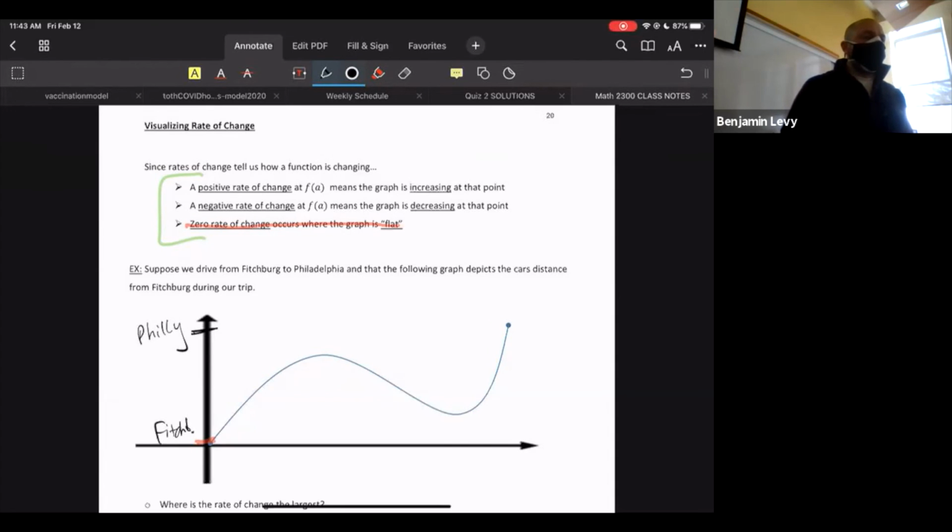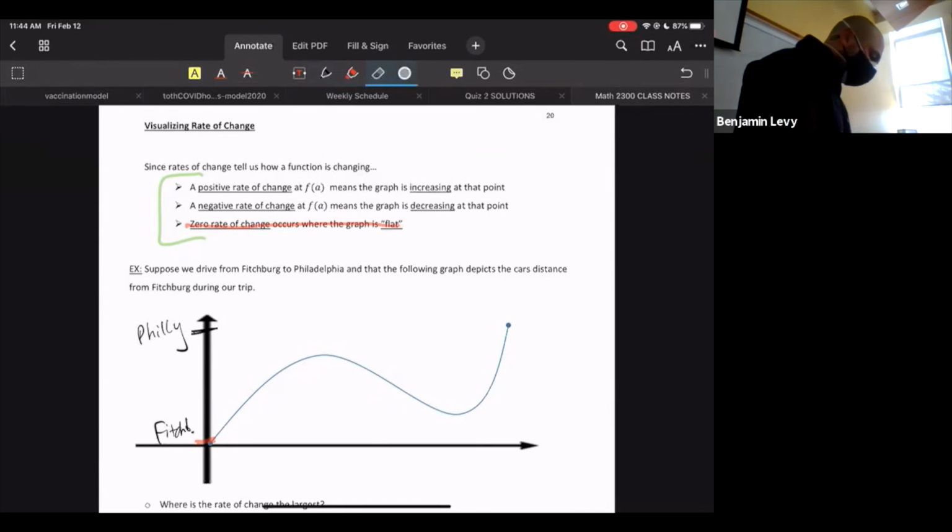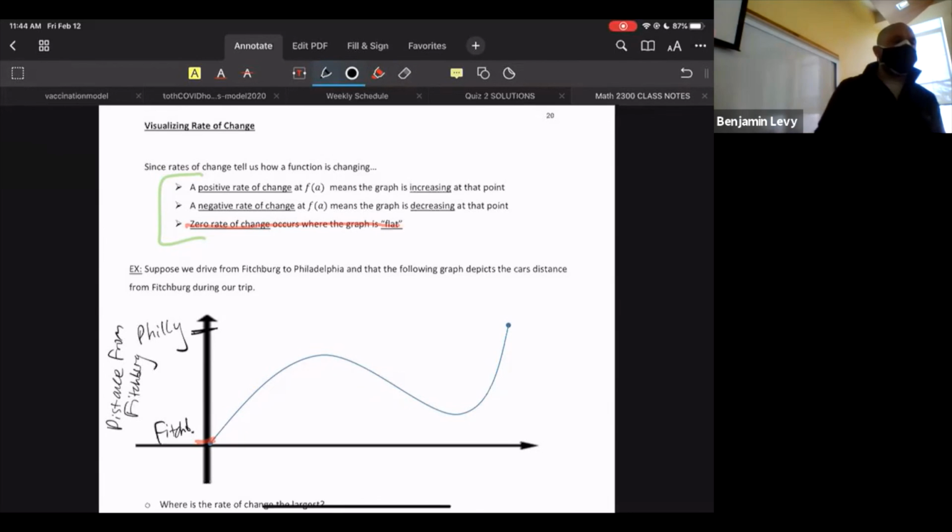And so the distance from Fitchburg is the y-axis.